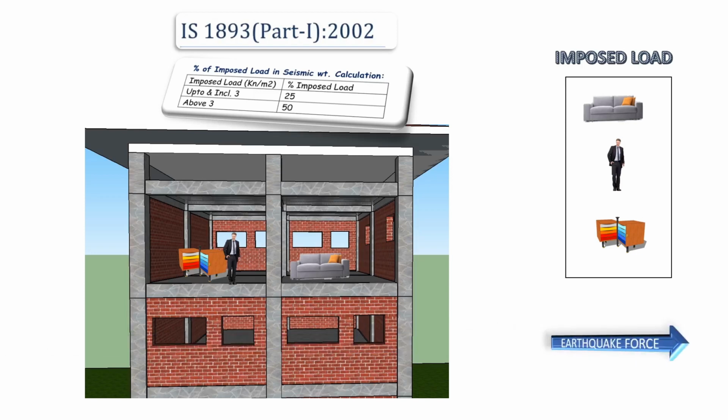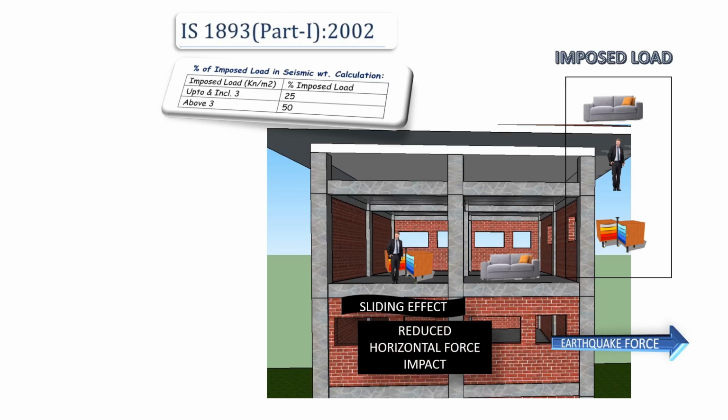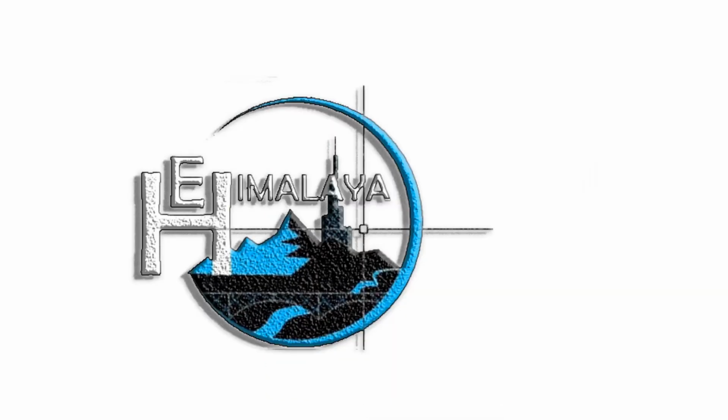It is because when the earthquake happens in the horizontal direction, we see a sliding effect. That is, the imposed load is not able to contribute its full load to the frame. The sliding effect happens between the slab and the furniture or the imposed load, thus reducing the horizontal force. So this is all.